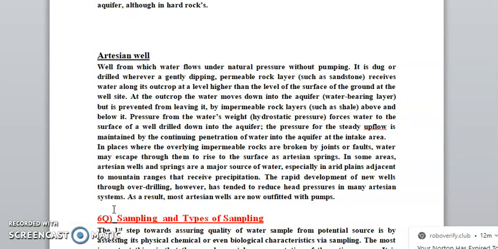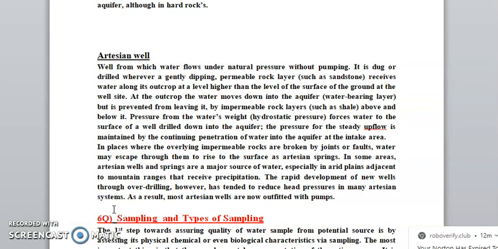The water in the well flows under natural pressure without pumping. It is drilled wherever there is a gently dipping permeable rock layer, or sandstone, receiving water along the outcrop at a level higher than the level of the ground surface at the well site.